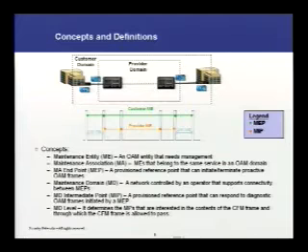Within a maintenance domain, you can have maintenance associations, where you could have multiple VLANs, and each maintenance association is associated with a service. And you can have multiple levels. In this particular case, we have the provider domain at one level and the customer domain at another level.